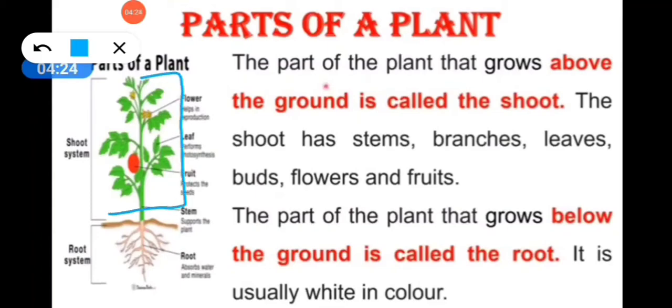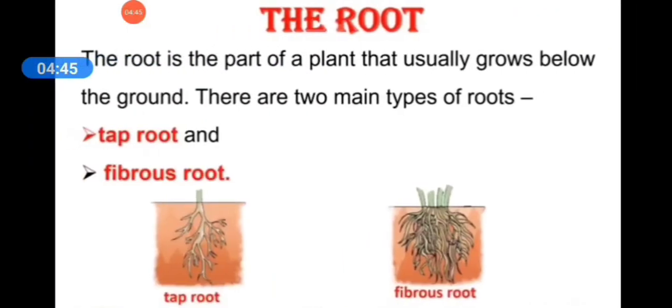This portion. The shoot has stems, branches, leaves, buds, flowers and fruits. The part of the plant that grows below the ground is called the root. It is usually white in color.